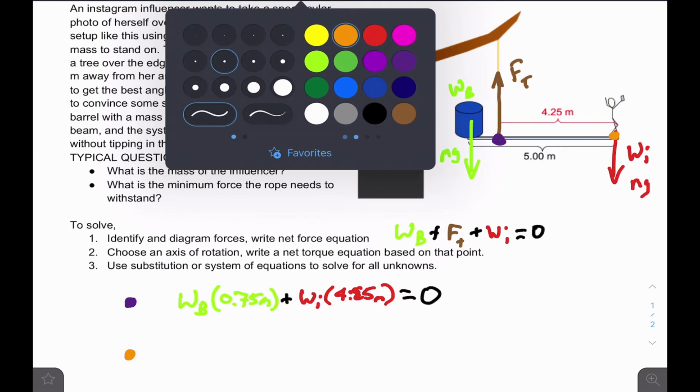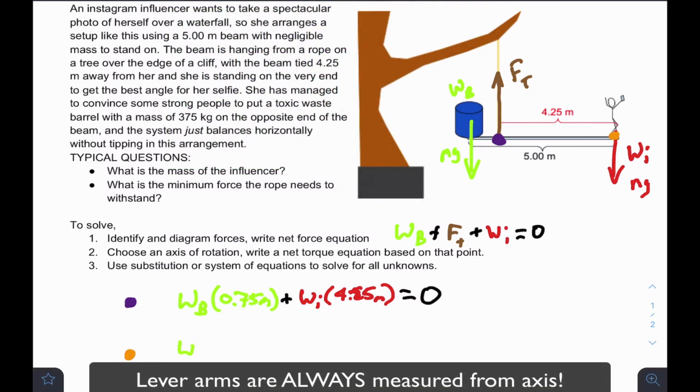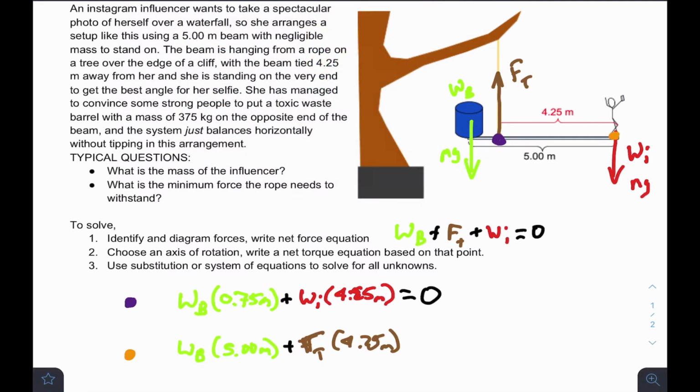And I could do weight of the barrel times, now it's 5 meters away, plus the tension, I guess I put F sub T, times, well, that's 4.25 meters away. And those combine to equal zero torque. All right? It doesn't matter. Either one now I can solve for because I have a ratio.